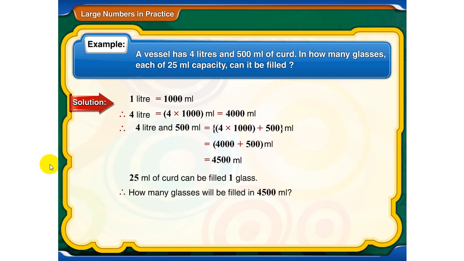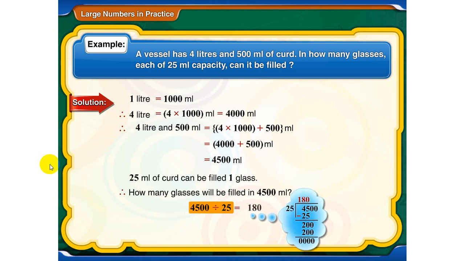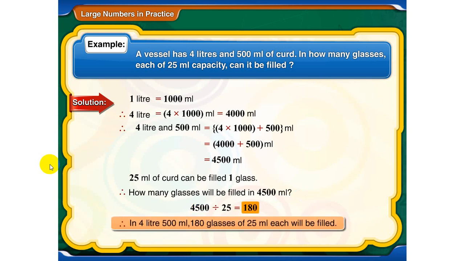Now, the number of glasses that can be filled is equal to 4500 divided by 25. So, we divide 4500 by 25 and we get 180. Therefore, 180 glasses can be filled.